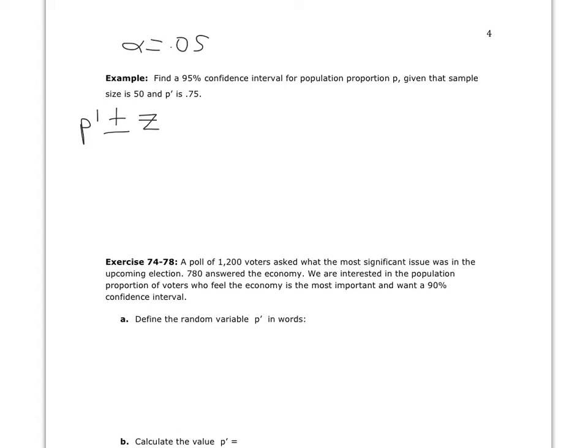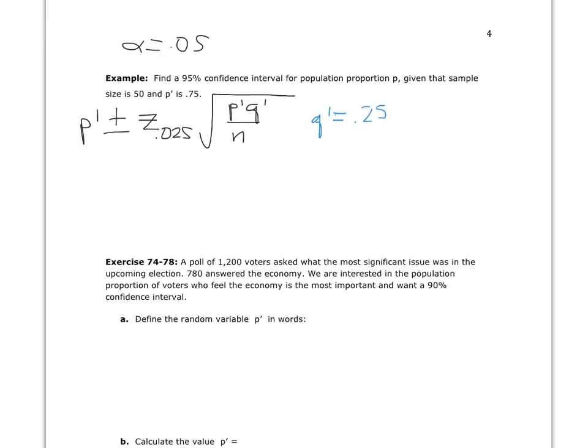So alpha over 2 is 0.025. And then that's multiplied by the standard deviation of P prime, so the square root of P prime, Q prime over N. Q prime is 1 minus P prime, so that's going to be 0.25.